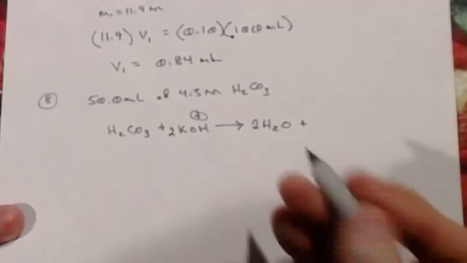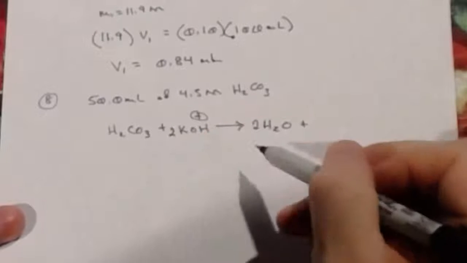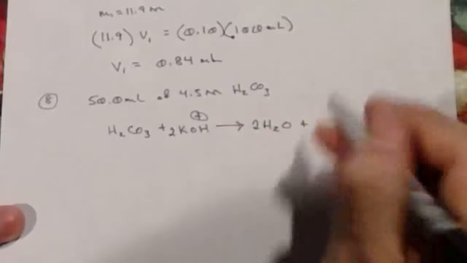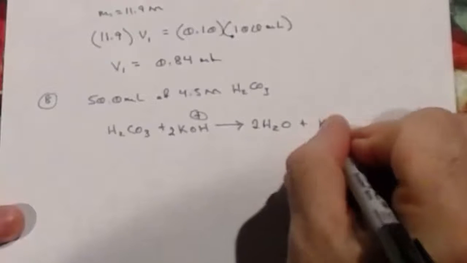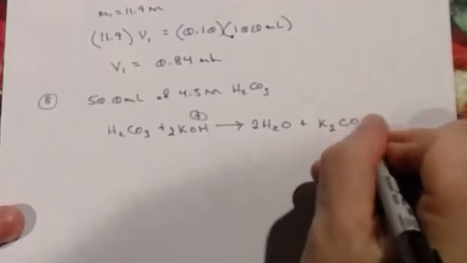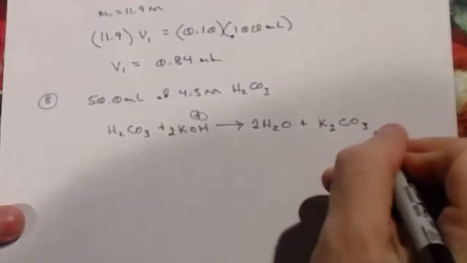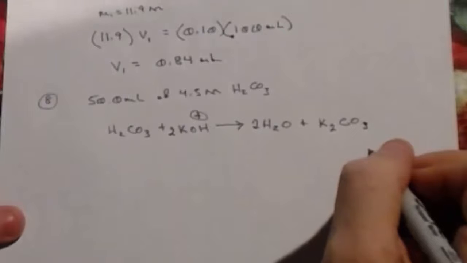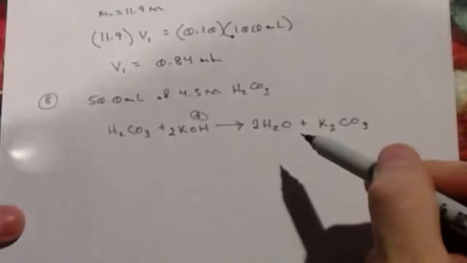The carbonate has a 2 negative charge. The 2 negatives are going to be balanced off by the 2 1 positives of the 2 potassiums. And so it's going to be K2CO3. All right, so now we have a reaction equation and it's balanced.